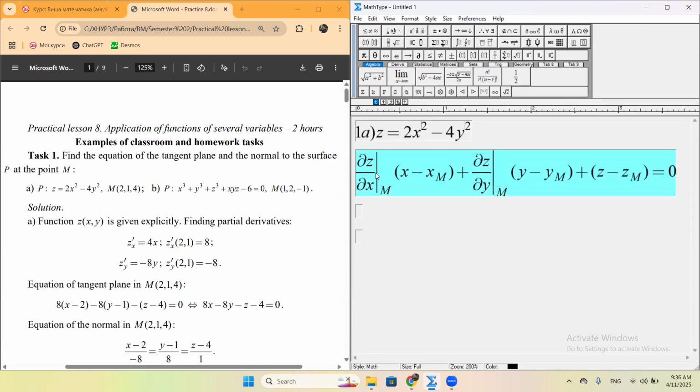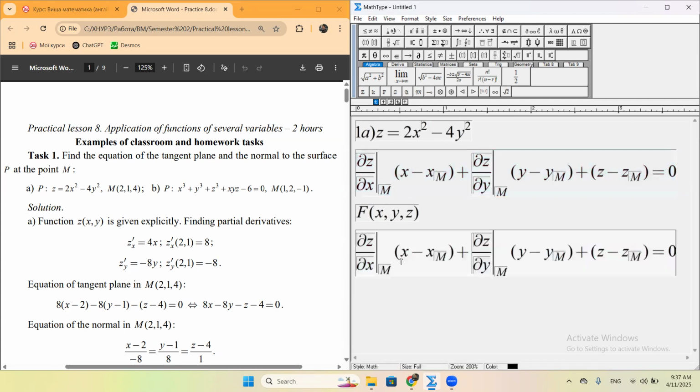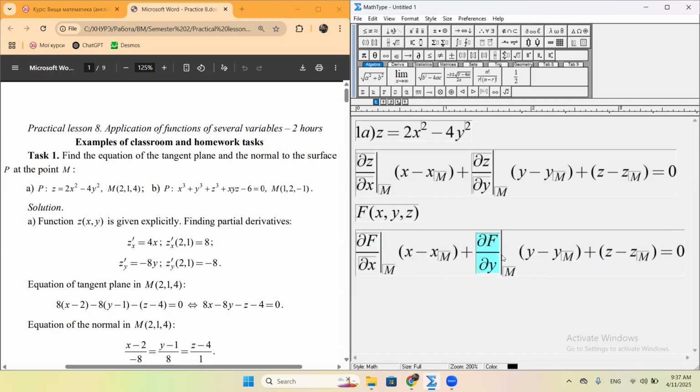When it's given implicitly, so when we have F of x, y, and z, but z is the function that depends on x and y, the formula looks a little bit different. So we change z to F, and for z analogically we do the following.